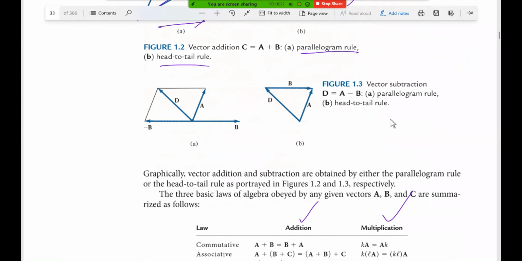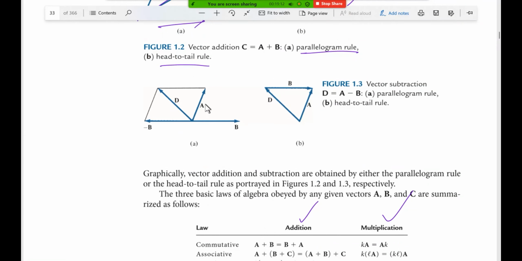Vector addition. So we are saying that we follow two rules, either the parallelogram rule or the head-to-tail rule, and vector subtraction still follows the same idea, except that if you are subtracting, you have to go the reverse of how B would go.